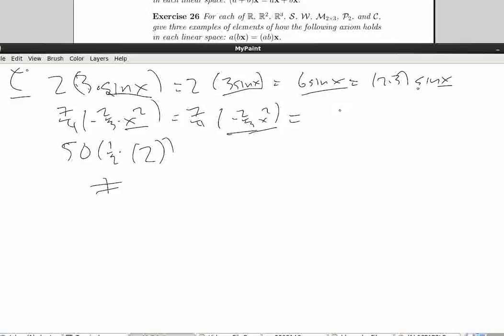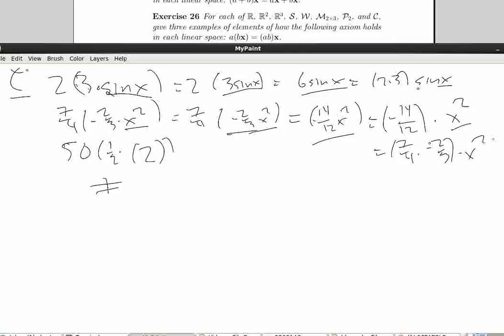I can multiply these together to get negative 14/12 x squared. Here's my function. Oh, but I can factor this out to get negative 14/12 times this function, which equals 7/4 times negative 2/3 times this function.